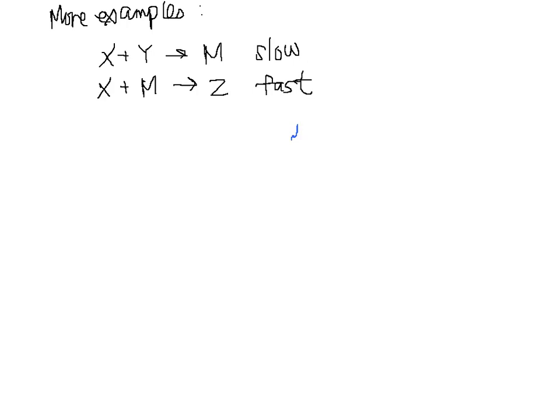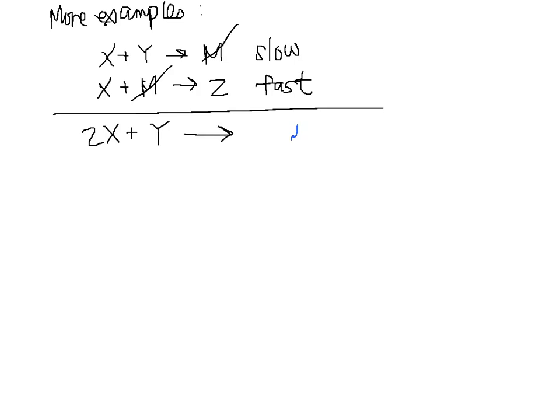So I'm going to cancel out my intermediate compounds. So I have 2X plus Y forms Z. Now, using my rate determining step right there, let's identify what the rate would be.